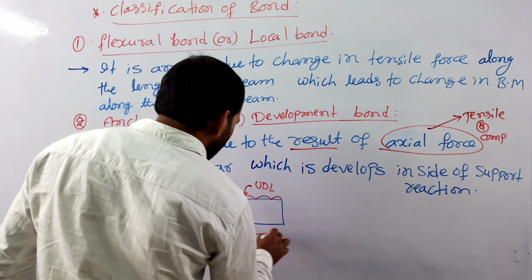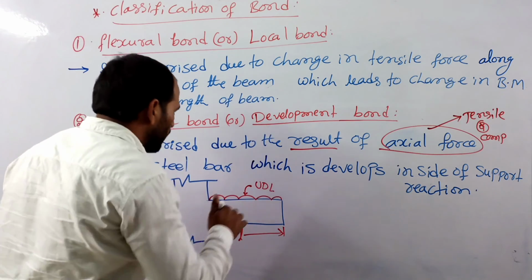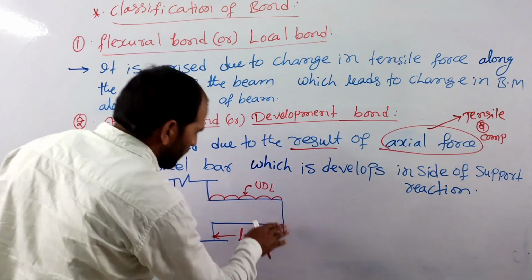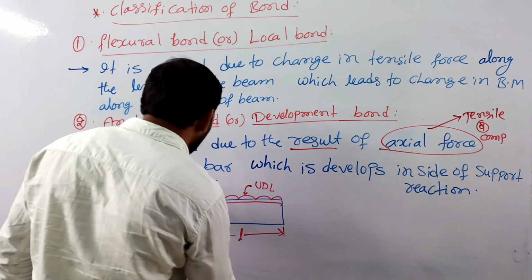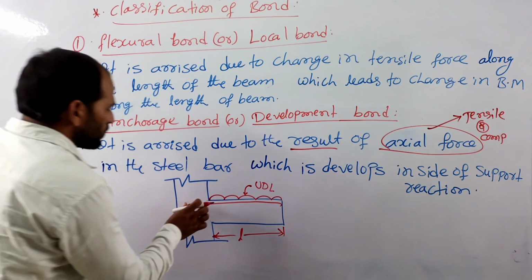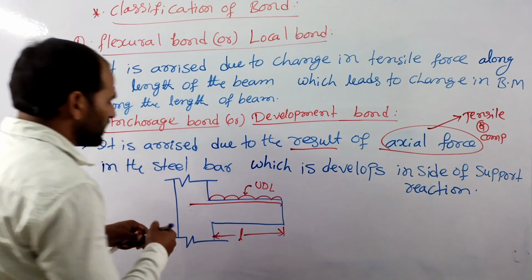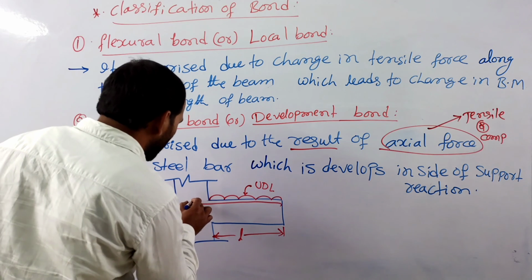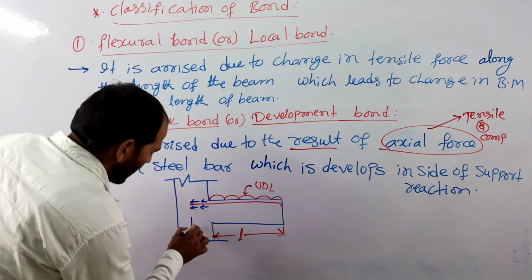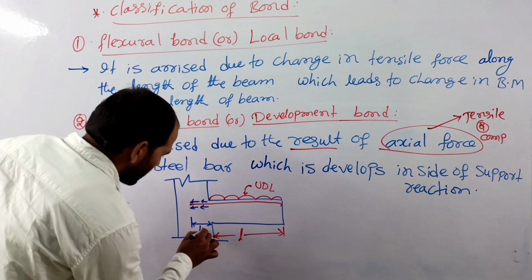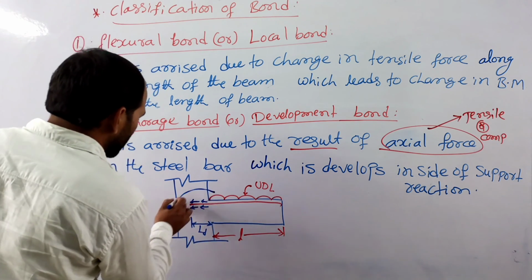Due to the application of external force, tension develops like this, and the bending moment develops like this. Here we provide the reinforcement bar. Due to this bending, a reaction develops like this. This length is called the anchorage length, Ld. Take only this portion.